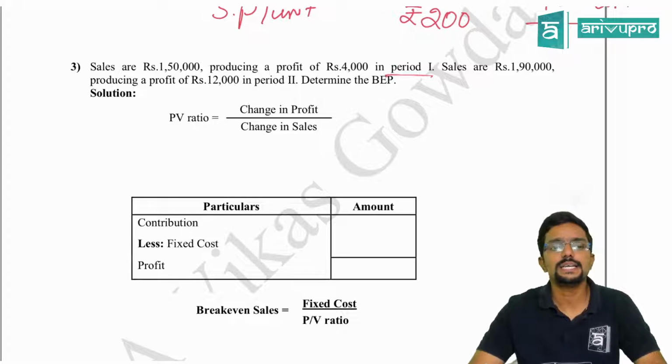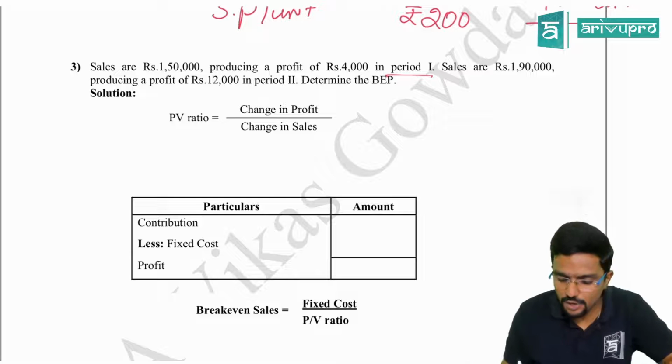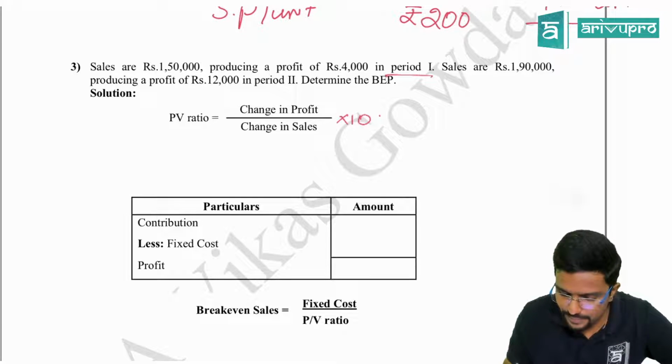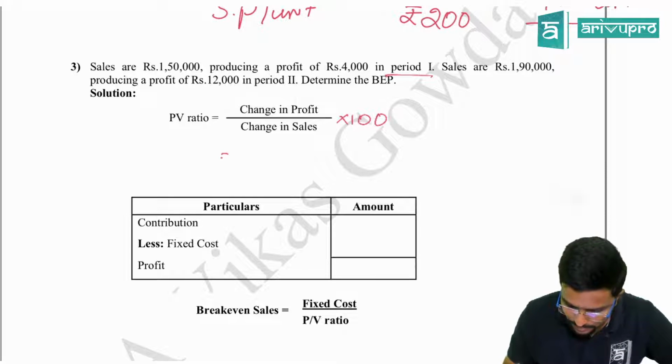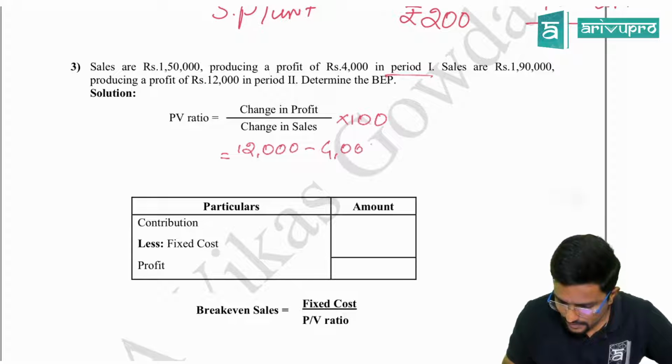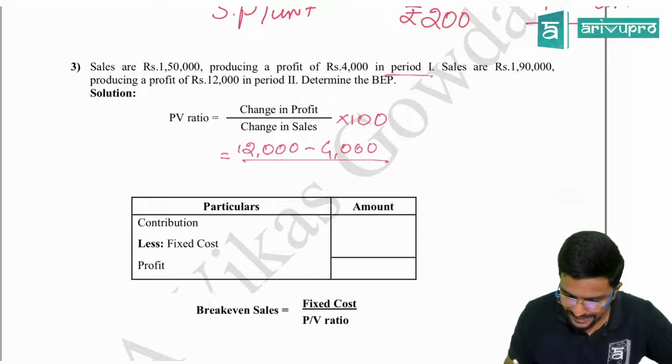That is change in profit divided by change in sales, into 100 also we can use it to get it in percentage. So change in profit is 12,000, the profit in the second period, minus 4,000, divided by the sales in second period, 1,90,000 minus 1,50,000.